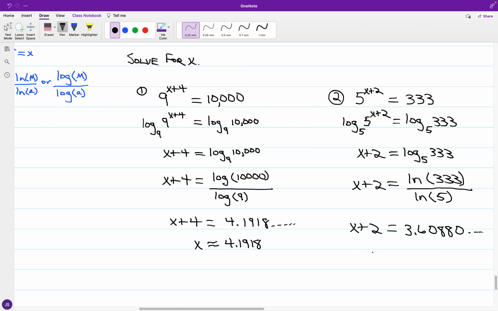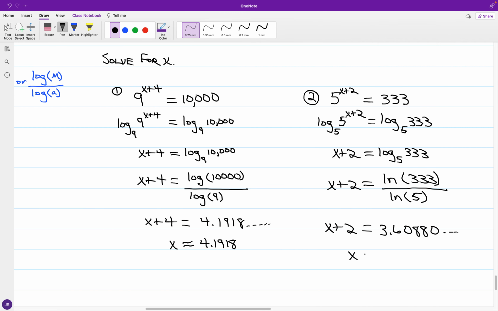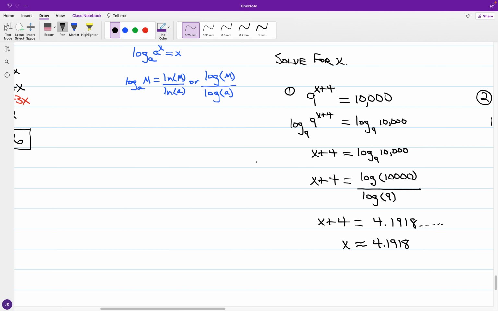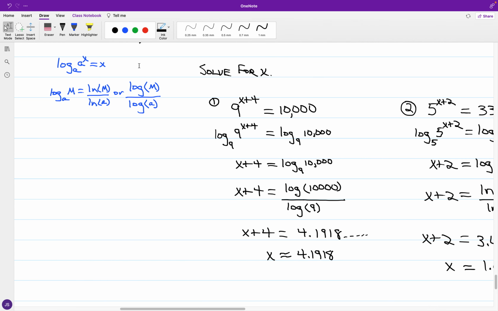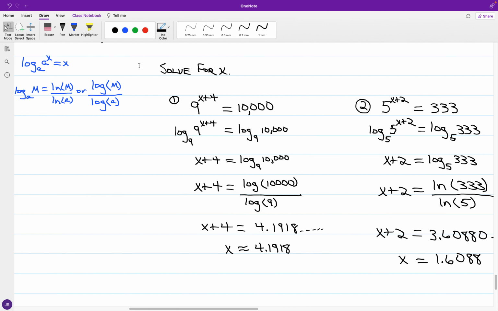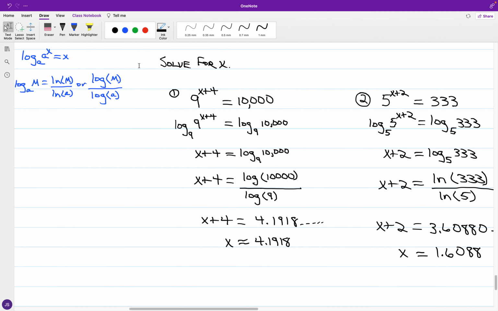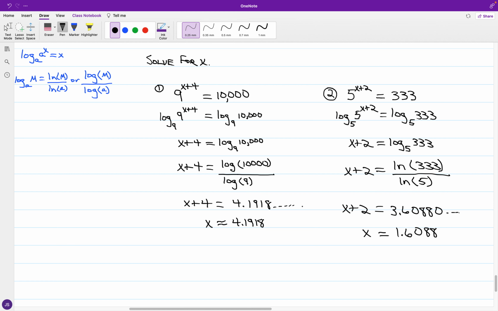And if I take 2 away, for the approximate value of x, rounding to about the nearest 4 decimal places, we have x ending up right at 1.6088. So these are cases where we can utilize our first logarithmic fundamental along with the change of base formula. This is whenever the variable we're solving for in an exponential equation is on one side of the equation.